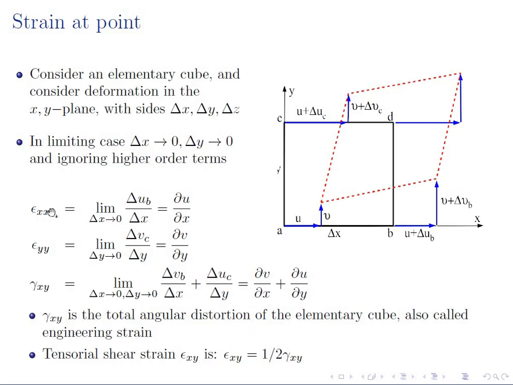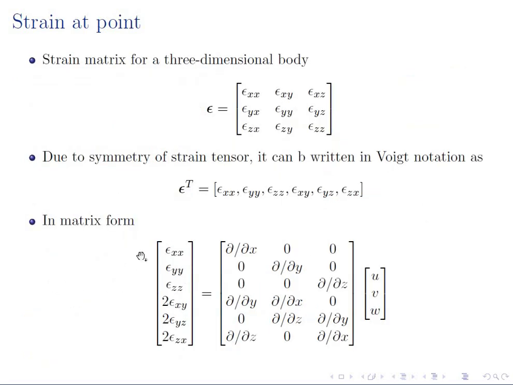Looking into the definitions of epsilon xx, epsilon yy, and gamma xy, I can also write down the definitions of strains in the matrix form, something like this, where we have this differential operator matrix involved. So I can see here that epsilon xx is equal to partial u over partial x.